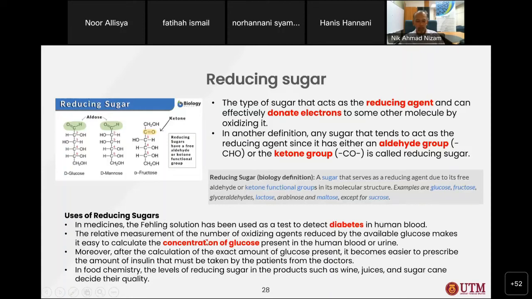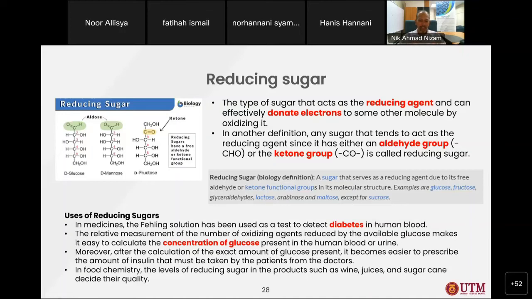The relative measurement of the amount of oxidizing agent reduced by the available glucose makes it easy to calculate the concentration of glucose present in human blood or urine. Glucose can act as a reducing agent.